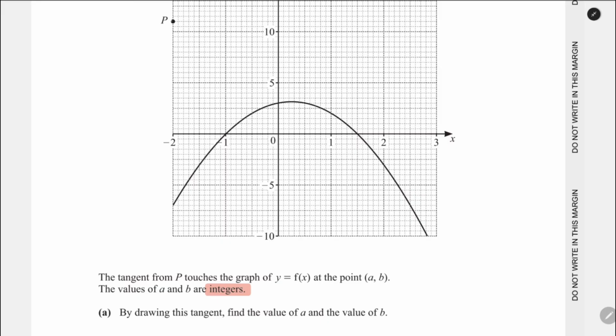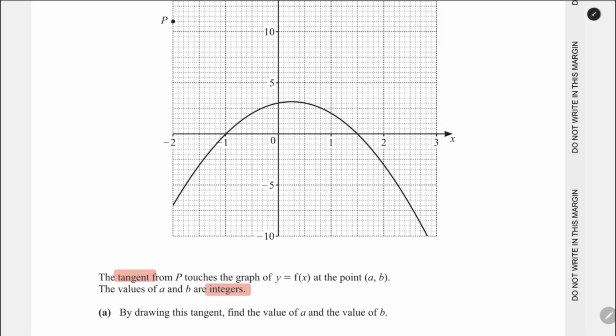Okay, so let's unpack this statement. The tangent from P. What's a tangent again? In the previous video, I told us that a tangent is a line that touches a circle or a curve at just one point. So you're going to draw a line starting at point P, and you need to make it touch this curve at just one point.